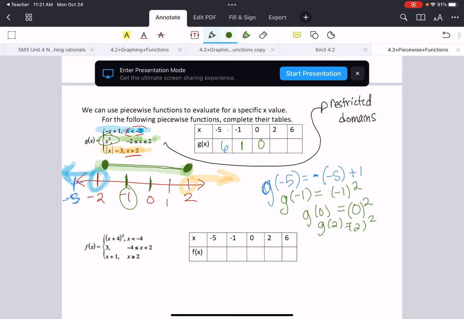So the reason why you have to decide which of the 3 to use at a time is that I can't use more than one of them at a time, because then it wouldn't pass the vertical line test. Remember that? Like if there were 2 closed circles at -2, couldn't I have 2 possible things come out of my vending machine if I press -2? Does that make sense?